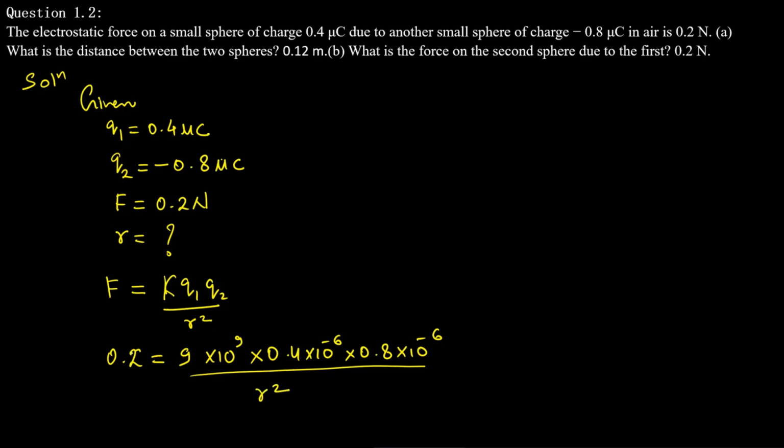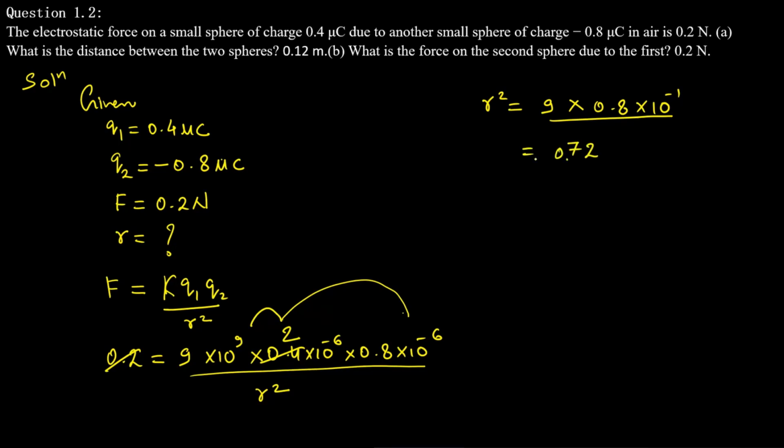So if we cancel this, it will be 2 times. Then R square is simply 9 into 0.8, and in the powers it is 9 plus 2 is 11, 11 minus 12, so 10 raised to minus 1. So it will be 0.72.